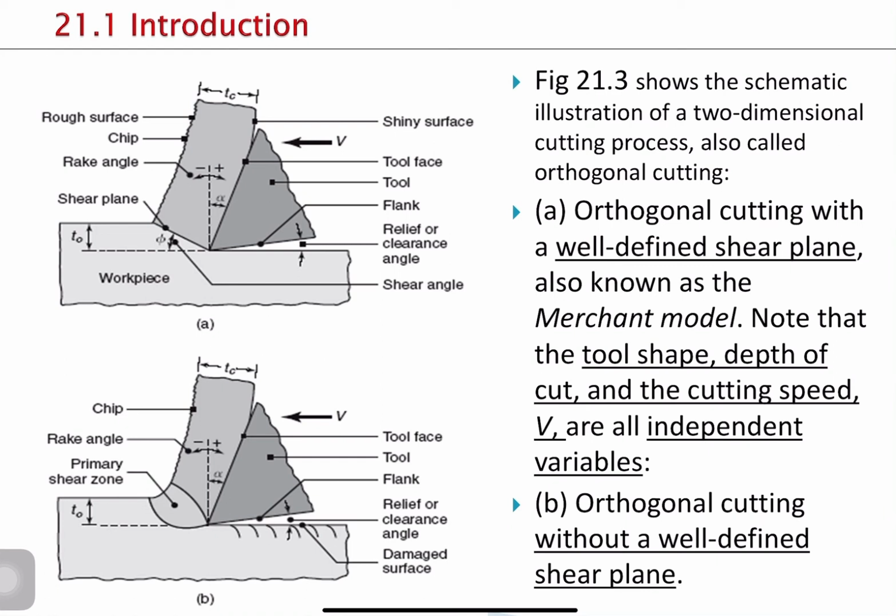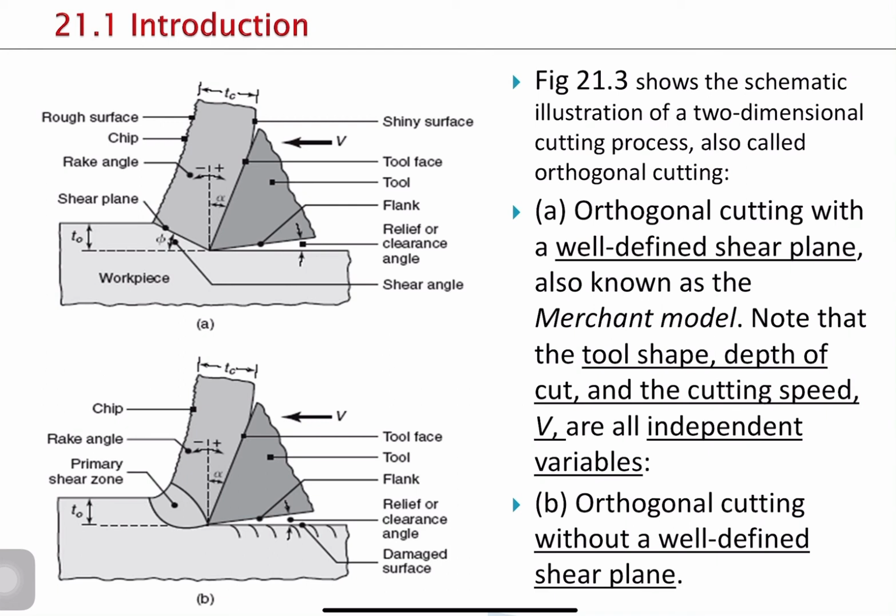And in B, this is called orthogonal cutting without a well-defined shear plane. As you can see, the shear plane is not a simple plane, but a zone or an area between the chips and the workpiece that has not been cut yet. In this condition the angle is perhaps not as accurate as in figure A, or the thickness of the chips, or sometimes the cutting speed.